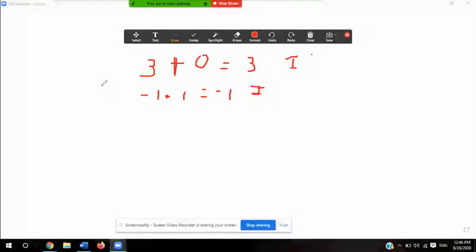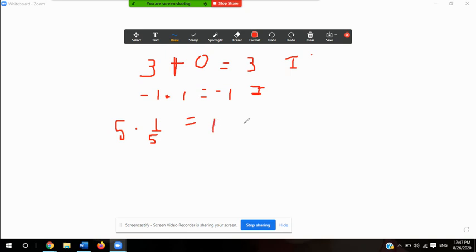We have other properties like the inverse. So what if I have something like 5 times 1/5? That equals 1.